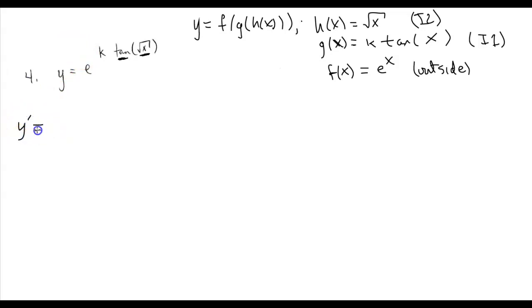All right, so if we take the derivative of this, notice that we're taking the derivative of the outside function with respect to the inside function. So if we start off here, we're taking the derivative of e to the blah. The derivative of e to the blah with respect to blah is just e to the blah.